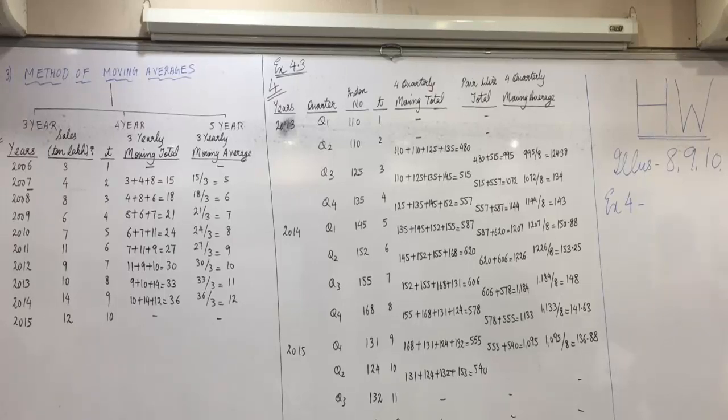Instead of quarter, you directly have month. Then directly, whatever is the value given to you, and T. Did you understand it?